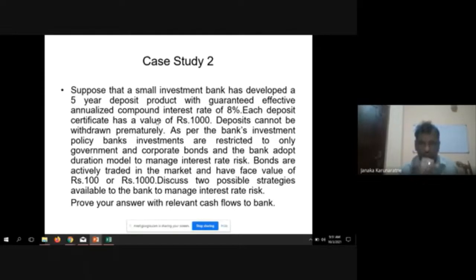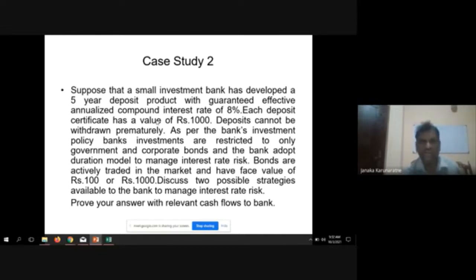As per the bank's investment policy, the bank's investments are restricted to only government and corporate bonds. And the bank adopts the duration model to manage interest rate risk.